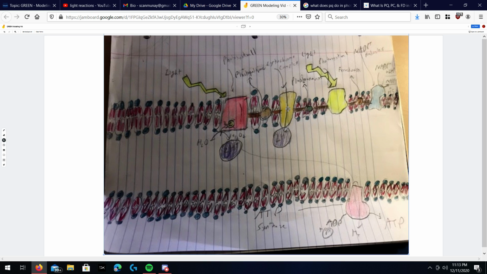And the cytochrome complex uses the high electrical potential energy to drive hydrogen ions from the stroma across the phospholipid bilayer into the thylakoid inner space, which, like I said earlier, will be important for synthesizing ADP and phosphorus to make ATP.